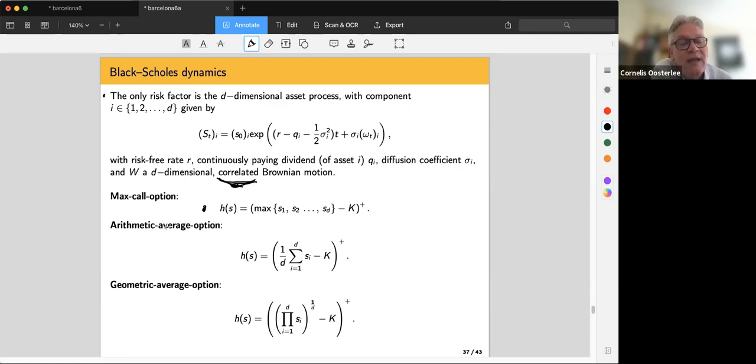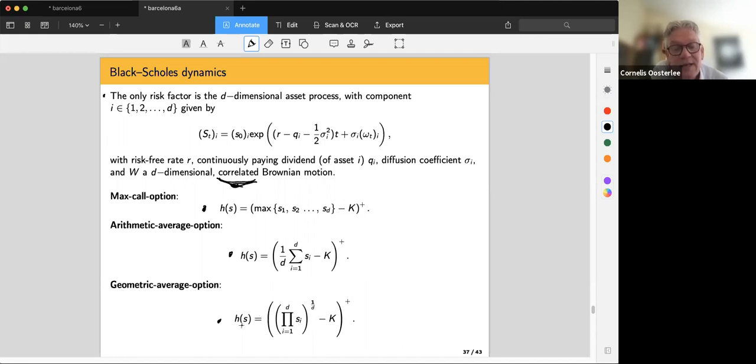The arithmetic average option has as payoff the maximum of 1 over d times the sum of stocks minus K, and 0. And the geometric average option, for which we have an analytic solution, as I told you on Tuesday, has the product of d stocks to the power 1 over d, minus K, and then the maximum of this expression and 0.